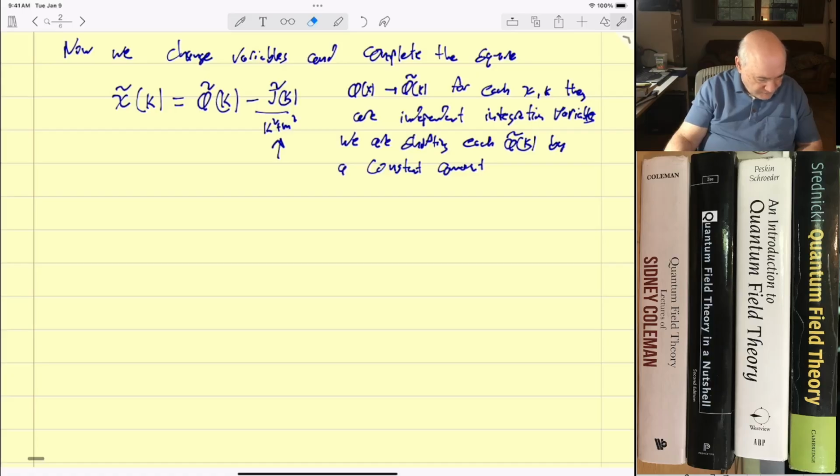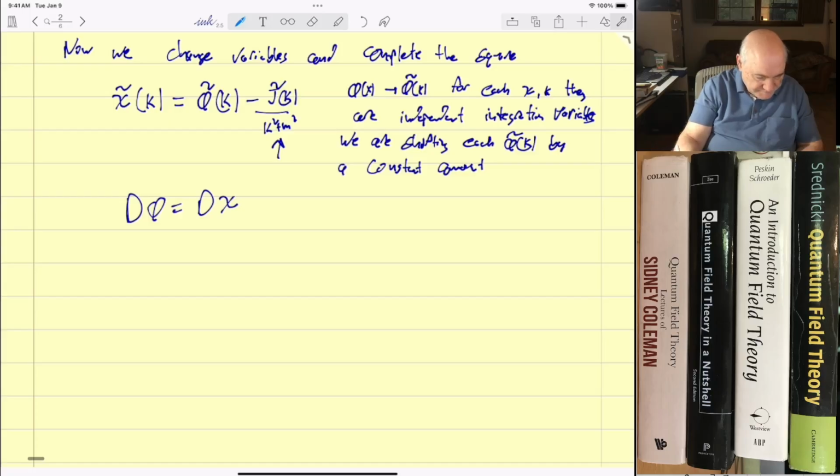So the measure, since we're shifting by a constant amount, the measure doesn't change, or at least we assert. This is another thing we're sort of asserting. We're asserting that big phi is big chi.